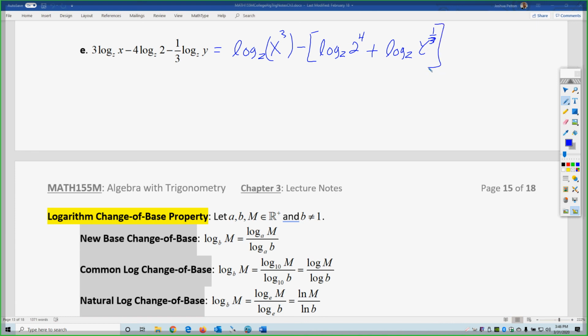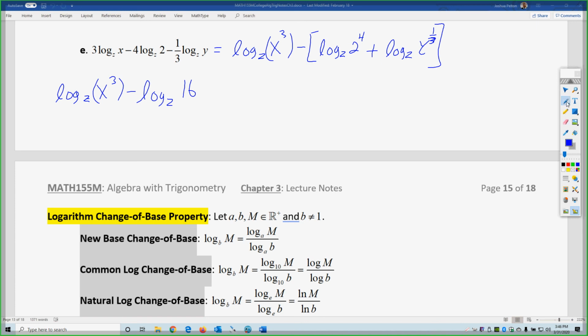So we really have log base z of x to the third minus log base z, let's see, 2 to the fourth would be 16. And this is a plus, so this is going to be the product rule, which is step 2, right?